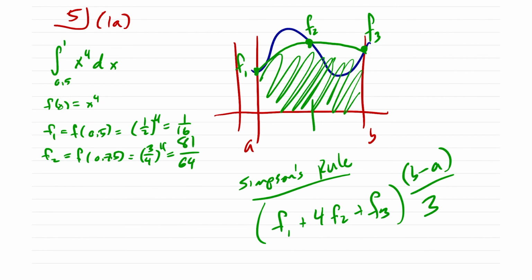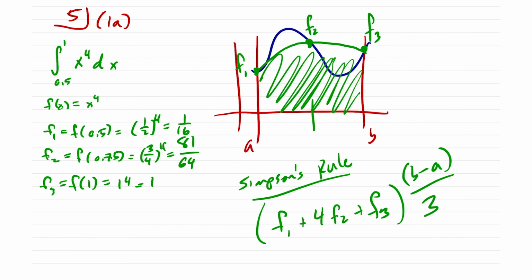Then f3 is f of 1, and that's 1 to the 4th, which is just 1. Now we want to compute these. Very nicely, we have a 4 here and this is 4 to the 4th, so those will cancel pretty nicely.